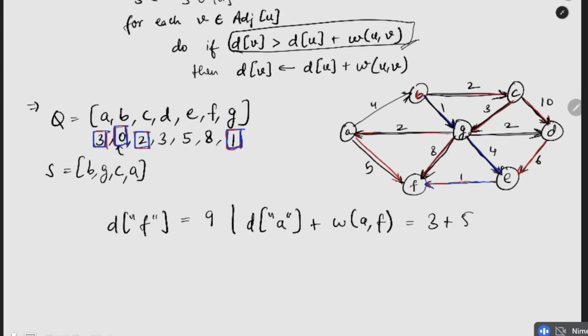So the next one is D, right? We take D, we put it into S, right? And then we look at the adjacent vertices of D, that is only E, right?